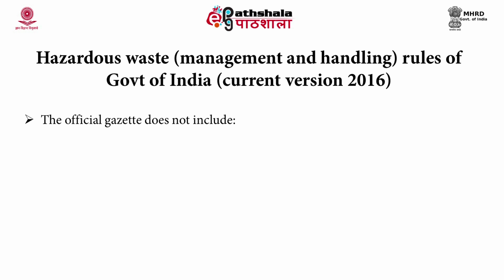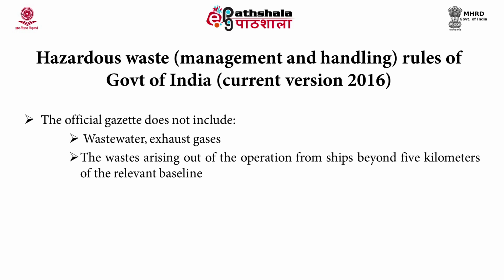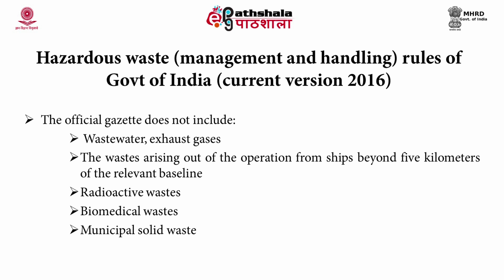The official gazette does not include wastewater, exhaust gases, waste arising out of the operation of ships beyond 5 km of the relevant baseline, radioactive waste, biomedical waste, and municipal solid waste.